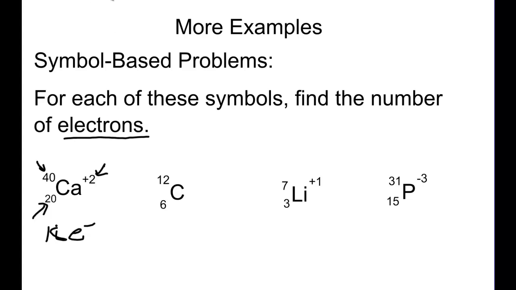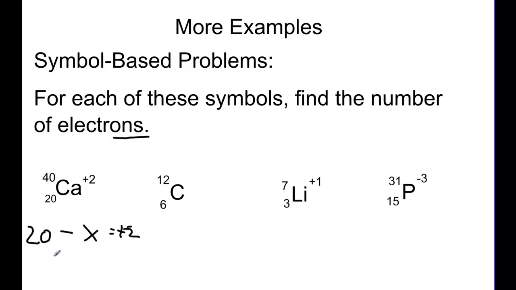Now let's do it mathematically. Okay, that's the conceptual way. I have a +2, so I have 2 more of these than I have of the others. Let's do it mathematically. 20 protons minus x electrons equals a +2. Solve for x.